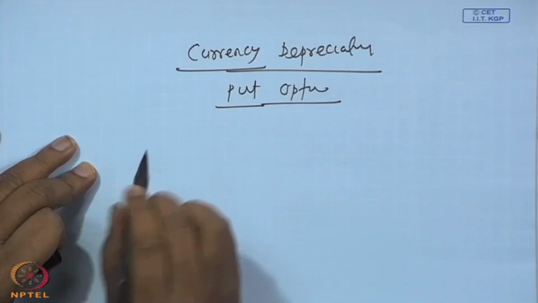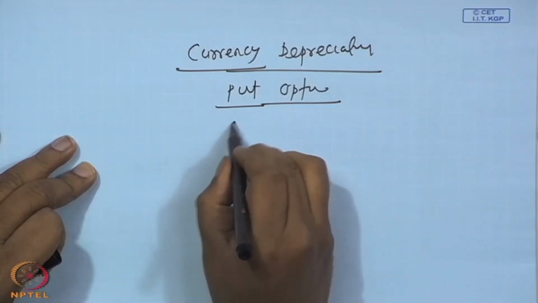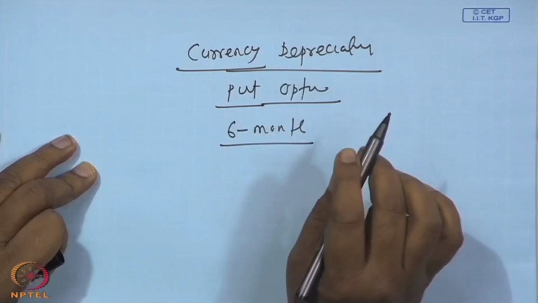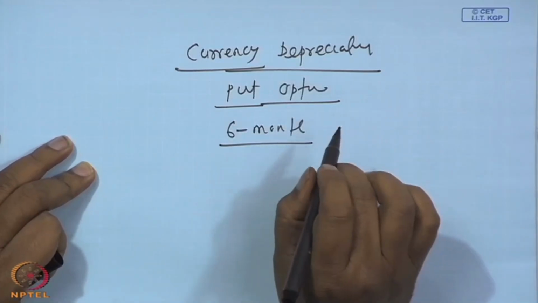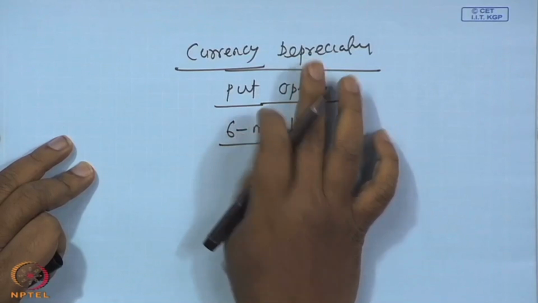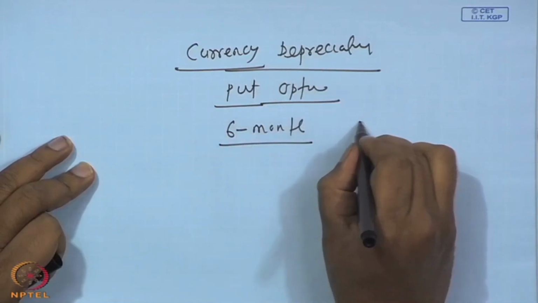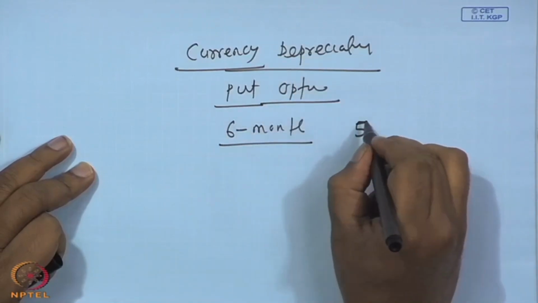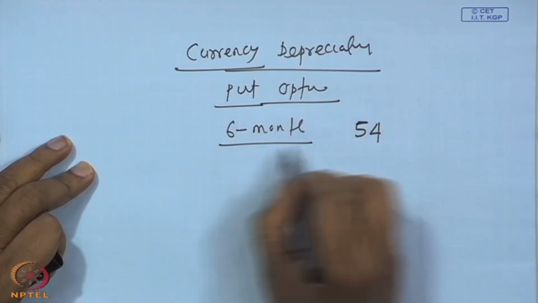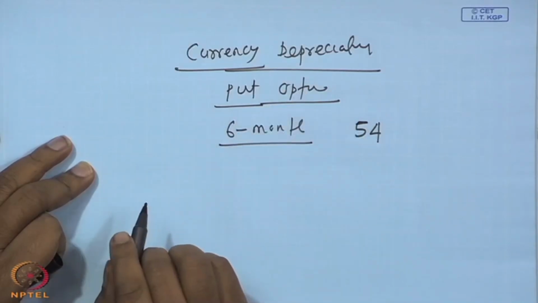Now suppose I buy a put option for 6 months for US dollars, assuming that the US dollar is going to depreciate. The put option seller gave me a quote of 54 rupees per dollar after 6 months.